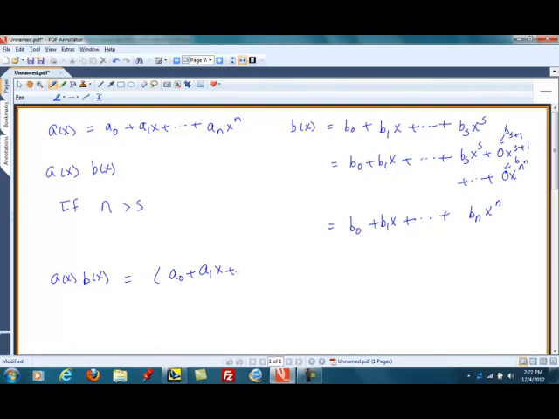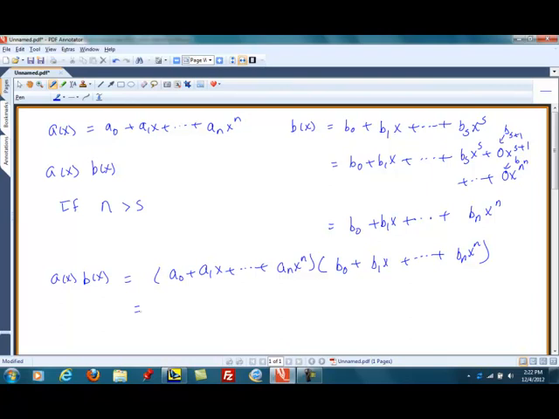Let me just write a of x down here, and then b of x. Now, if we were multiplying this out, we would take the first one here and multiply it times everything, and then the second one times everything, all the way up to the last one times everything, using the distributive property.